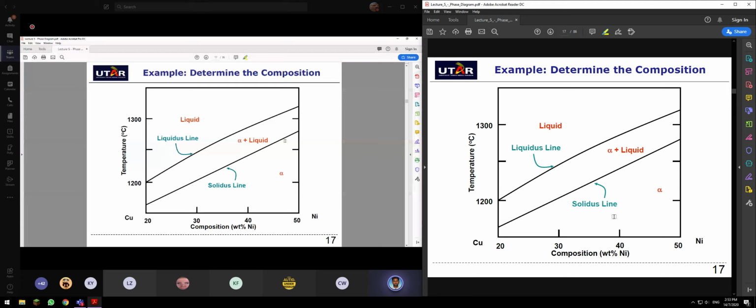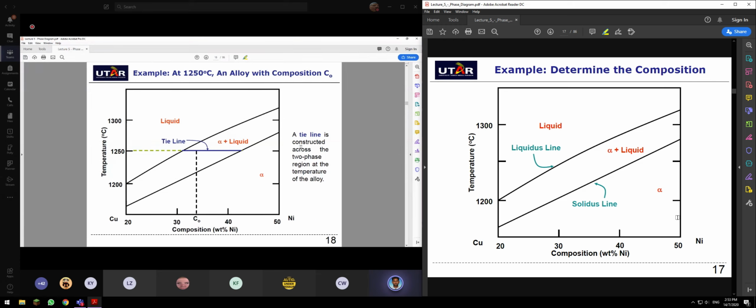The liquidus line is the line that separates liquid from the mixture of alpha, which is solid, and liquid. The solidus line is the line that separates solid from the mixture of alpha solid and liquid.